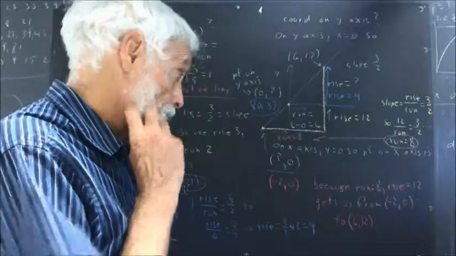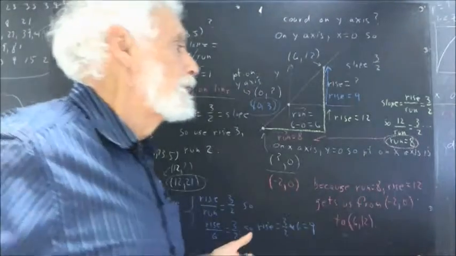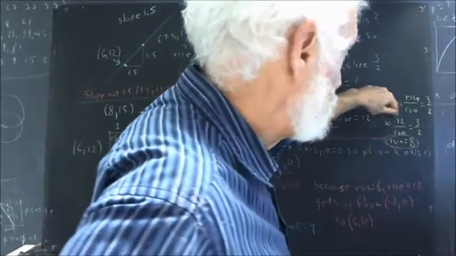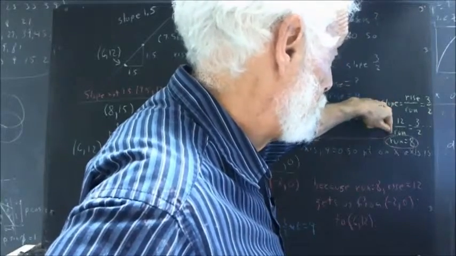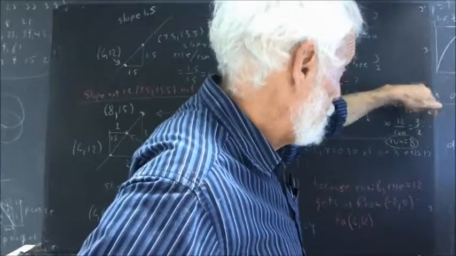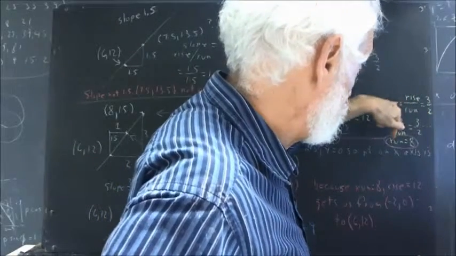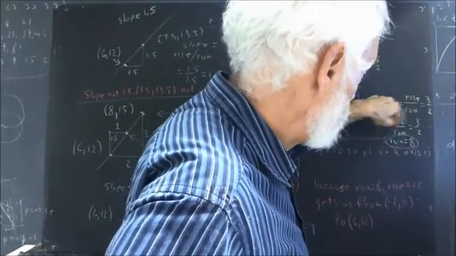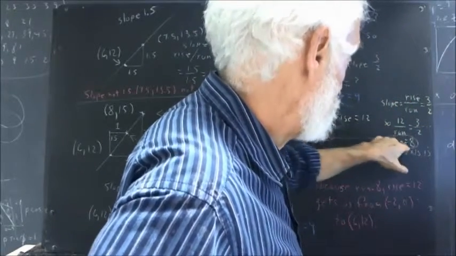And then we calculate the run. Well, slope is rise over run, 3/2. The rise is now 12, so we've got to find the run. Well, we do a little algebra, multiply both sides by the run, and then multiply both sides by 2/3. We find that the run is 8. So this relationship here requires that the run be 8.